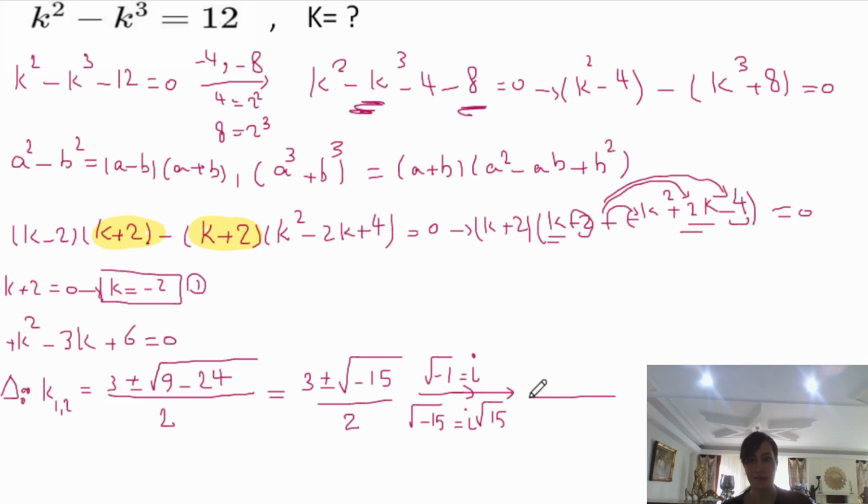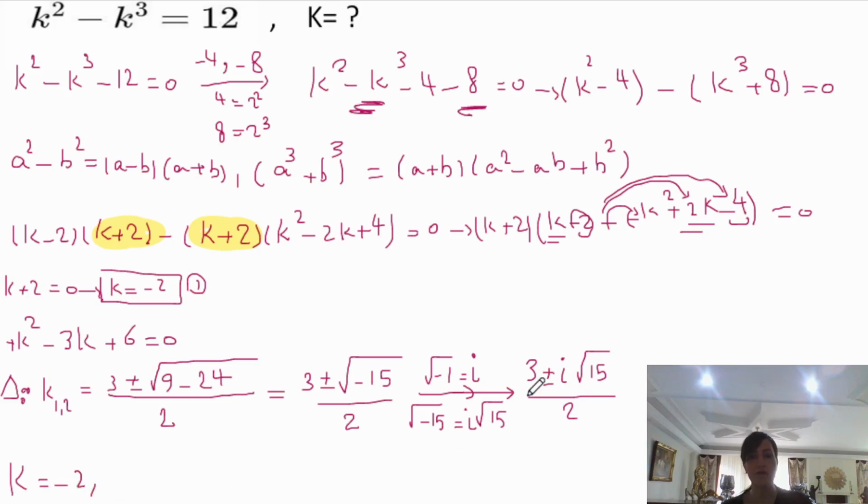So I will write it as 3 plus or minus i square root of 15 over 2. So I could find 3 roots here. One is a real number, which is negative 2. I will write all the roots here: negative 2.